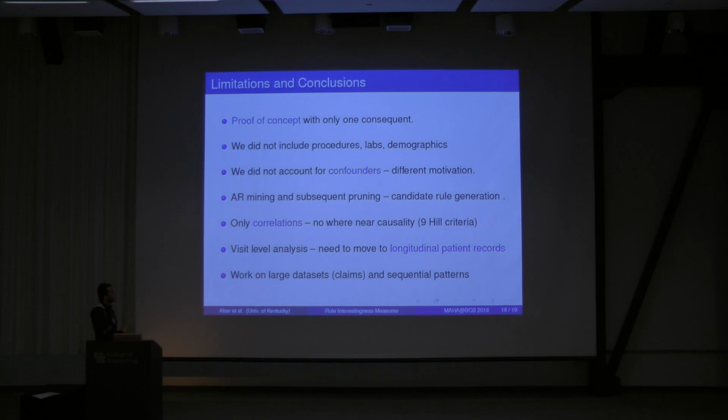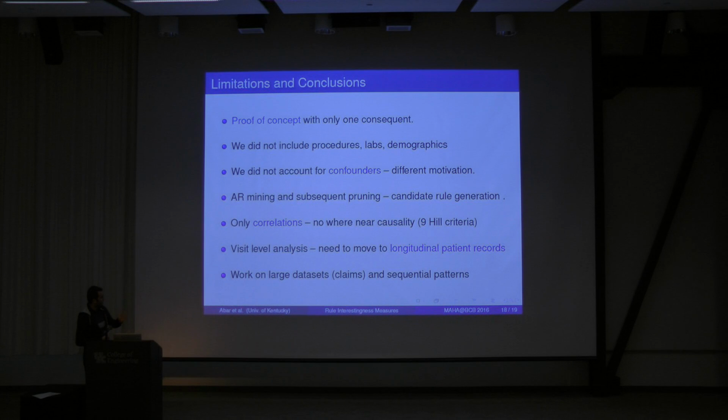The limitation of this work is that we only have one consequent for the proof of concept. We didn't include other codes like procedure codes and demographics, to make the data sets feasible. We didn't account for confounders because using confounders is more like causal associations, and we are not doing it here.